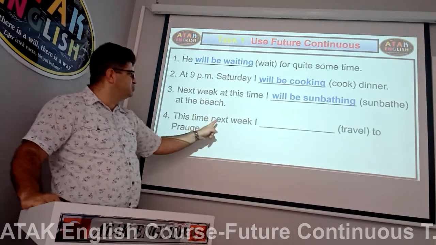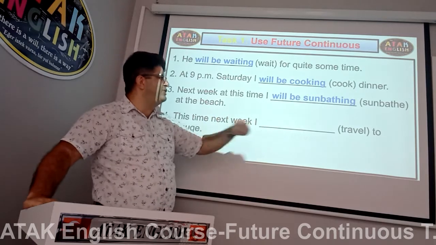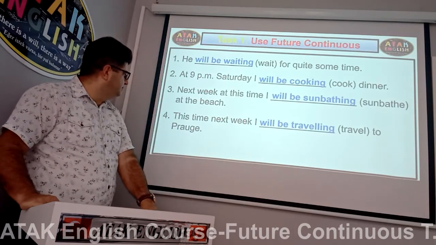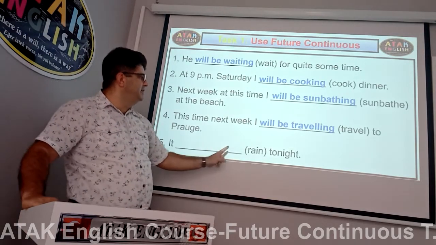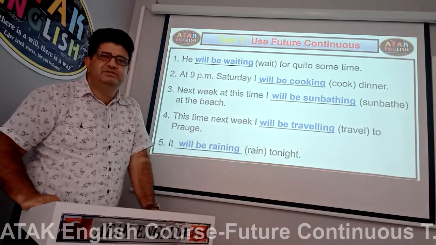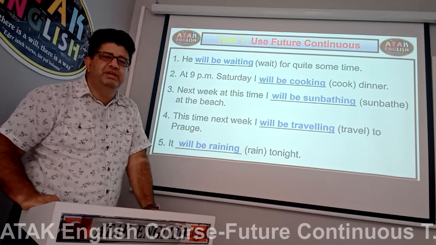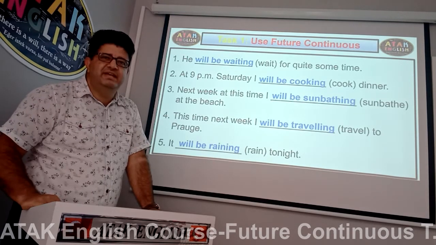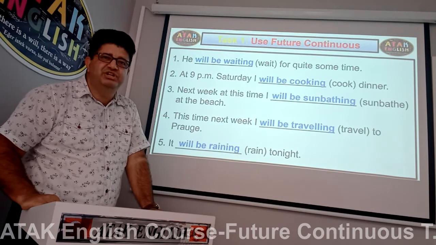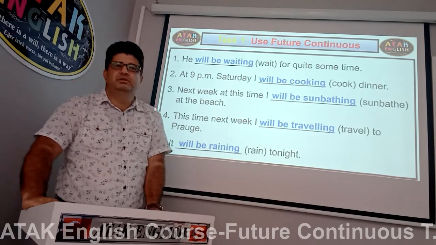And this time next week, I will be traveling to Prague. And finally, it will be raining tonight. What is our format here? Will be verb-ing to make a sentence or to express an action in future continuous tense.